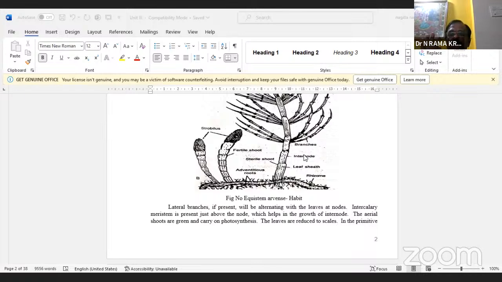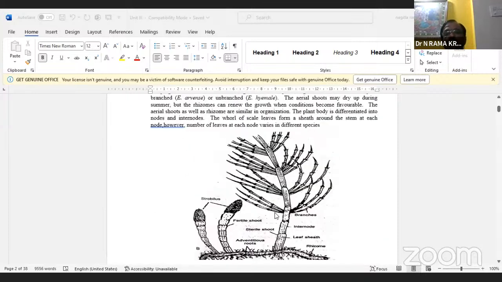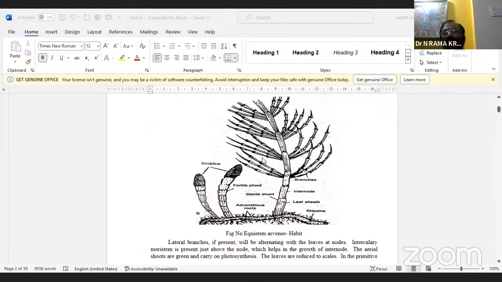What is the meaning of fertile aerial stem? Now you see the left side: the fertile shoots contain the strobili, which contain the cones. So that is fertile. Those that do not contain the cones are the non-fertile branches. Now you see here, this one has unlimited growth, and here we also see limited growth.